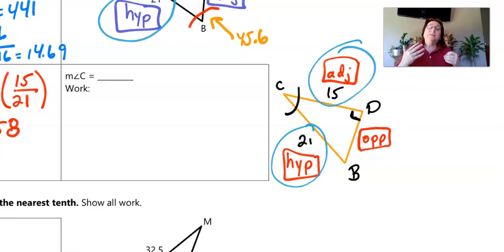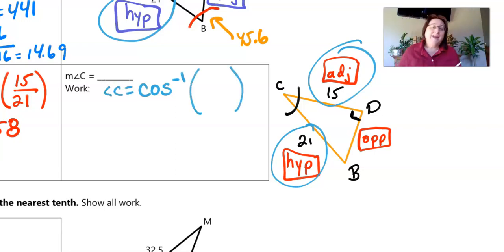Yeah, this time cosine is adjacent and hypotenuse. But remember, we're looking for an angle measurement, so we're going to use the inverse cosine, aren't we? So angle C equals the inverse cosine of, and we have to put in our ratio. Which one is the correct way to put in this ratio?